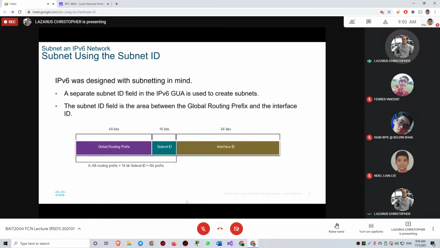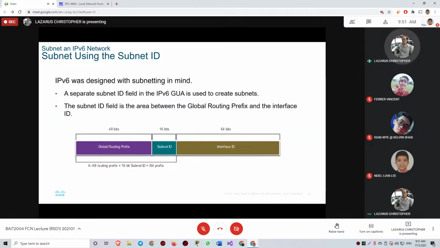So you can either go direct or go through your ISP. 48 bits is reserved for the global routing prefix, and a 16-bit portion is reserved for the subnet ID. Recall, when we talked about the format of the IP version 6 address, that the subnet ID is managed by the organization itself.